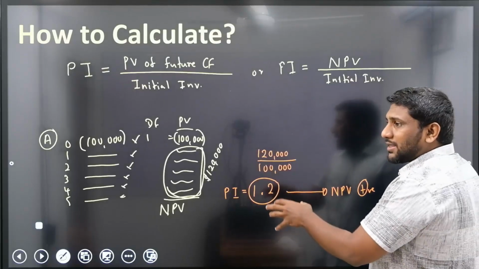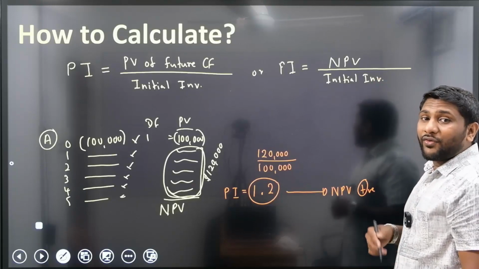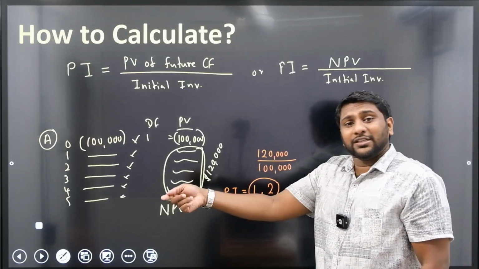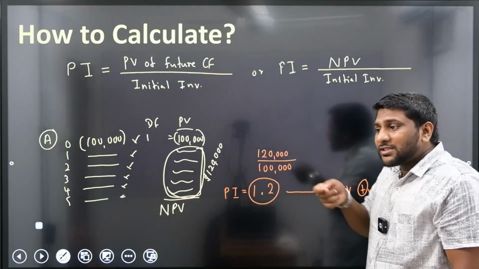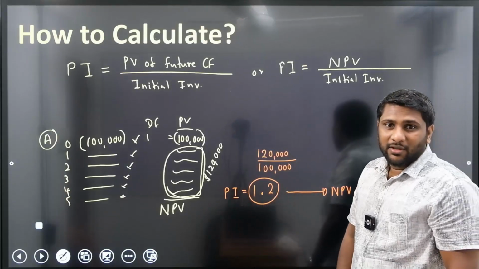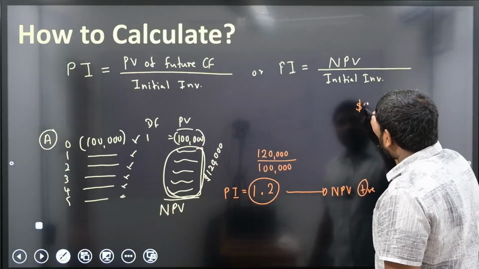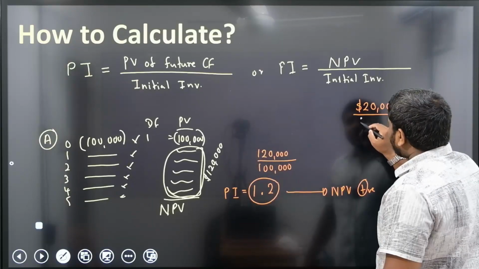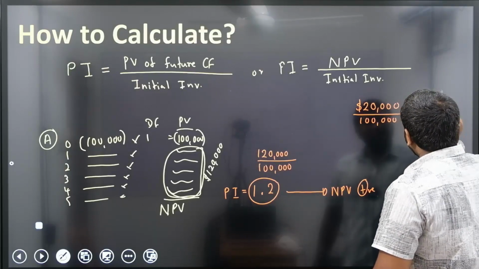We can apply the same numbers to the second formula as well. In this formula, we are not finding how much present value of future cash flow you are generating. We are finding, for the investment that you are making, how much NPV you are generating. Here your NPV is 20,000 and the initial investment is 100,000, so you get a value of 0.2.